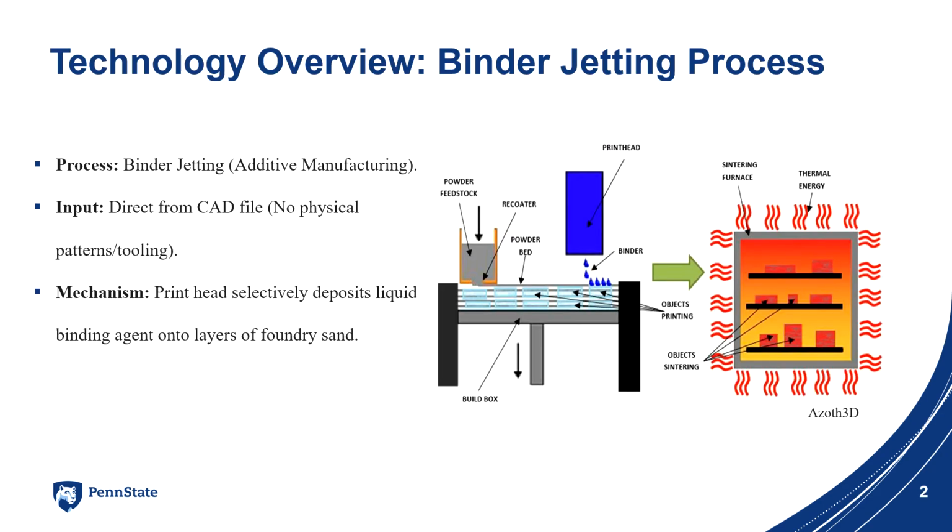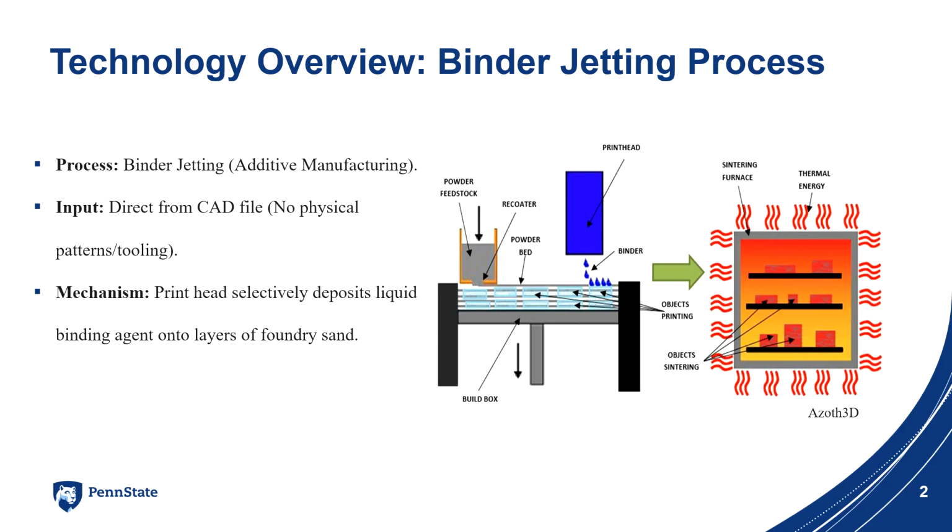To begin, it is important to define the specific advanced manufacturing process we are evaluating. While the application is broadly called 3D sand printing, the specific industrial process is known as binder jetting. Unlike metal 3D printing that uses high heat lasers, binder jetting is an ambient temperature process. It takes a digital CAD file and slices it into layers.